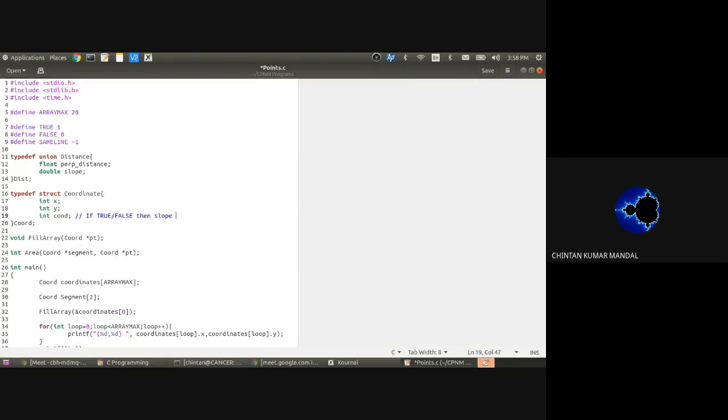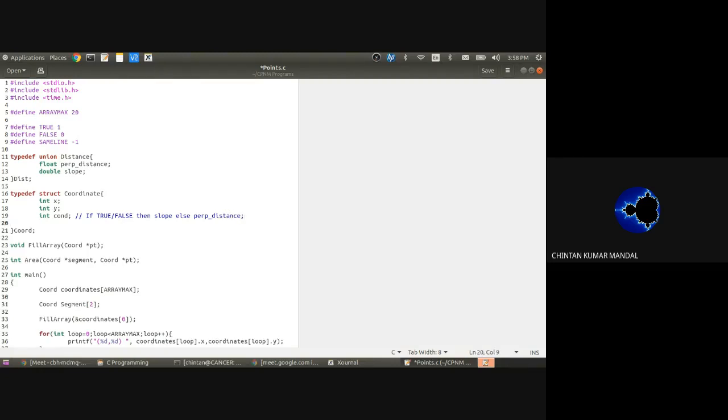Else we'll keep the perpendicular distance. Maybe it does not make any sense, but I want to basically just show how it works.